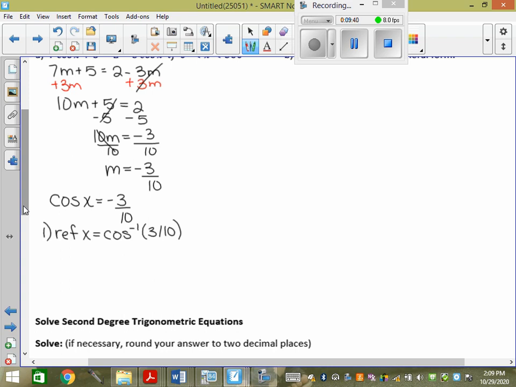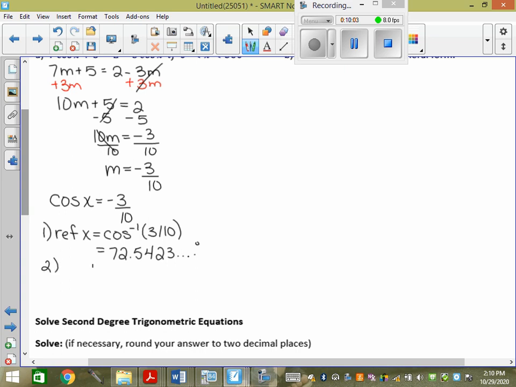What mode do I want to be in? Well, I can be in radians if I want, but often I just do degrees. So I go second cos 3 divided by 10 and I get 72.5423, etc. degrees.